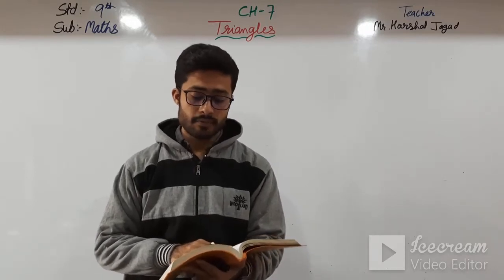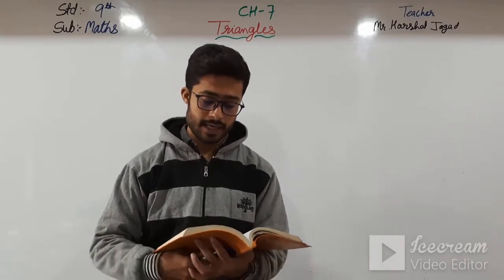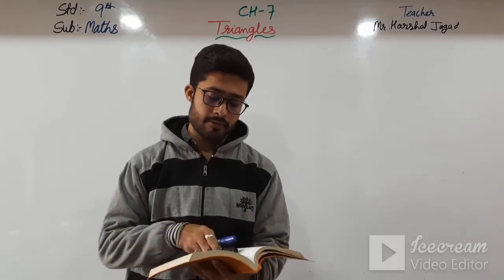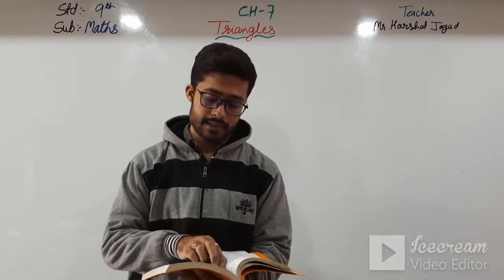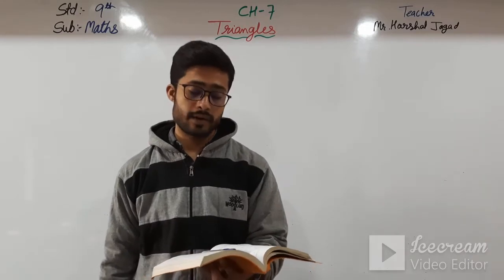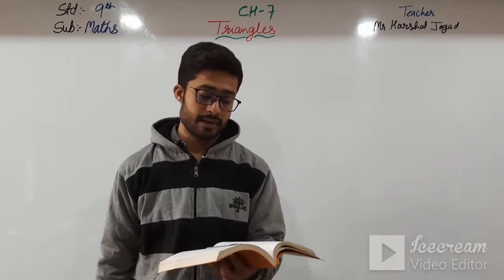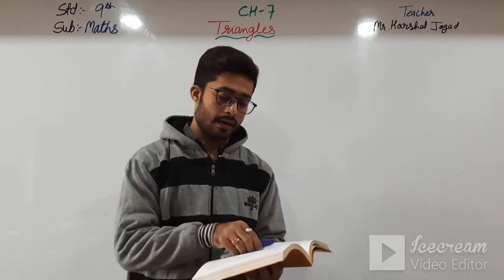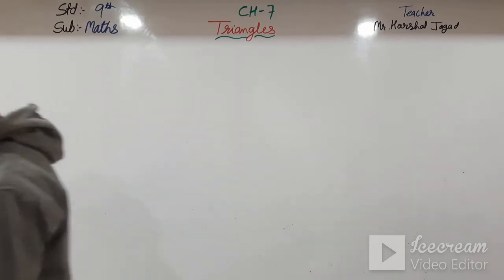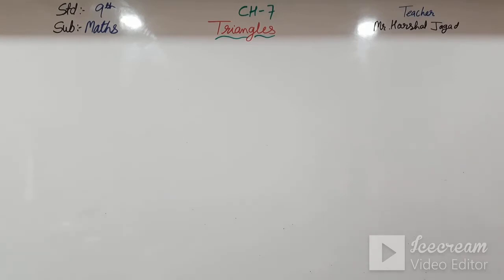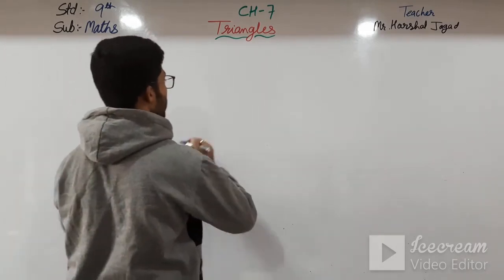Here, perform the activity. Construct a triangle in which two sides are equal, say each equal to 3.5 centimeters, and the third side equal to 5 centimeters. You have done such constructions in earlier classes. I am just drawing a triangle in which the two sides are the same.